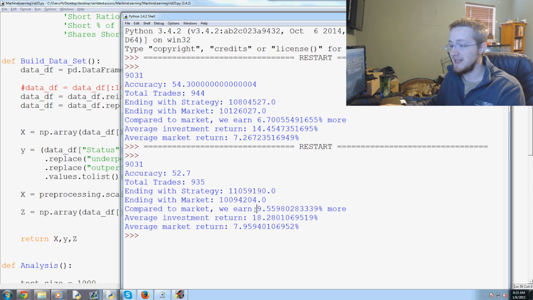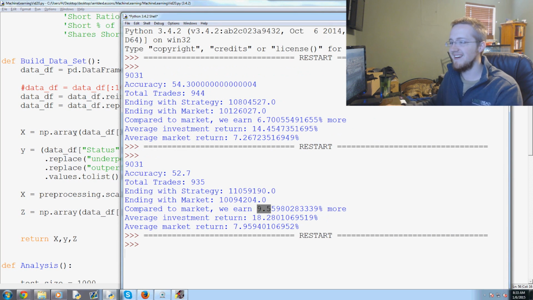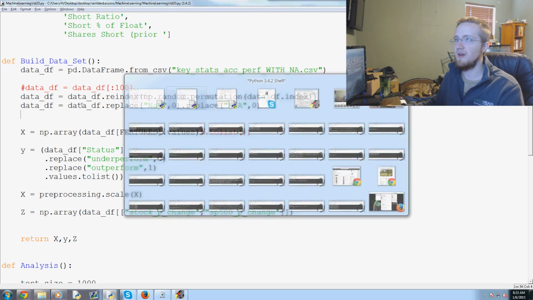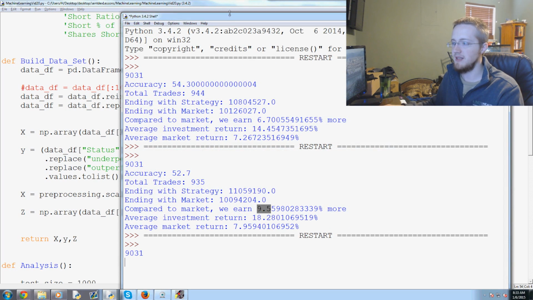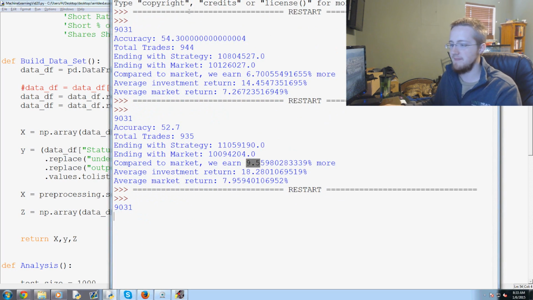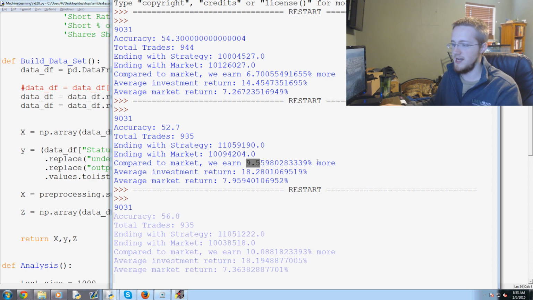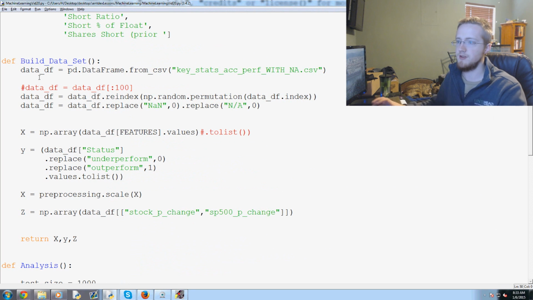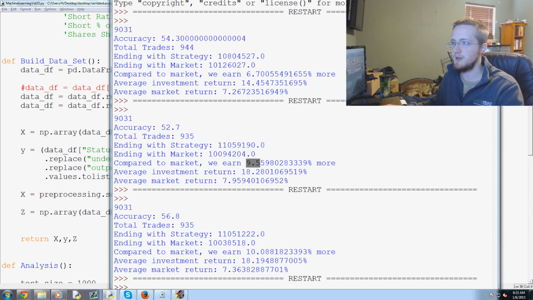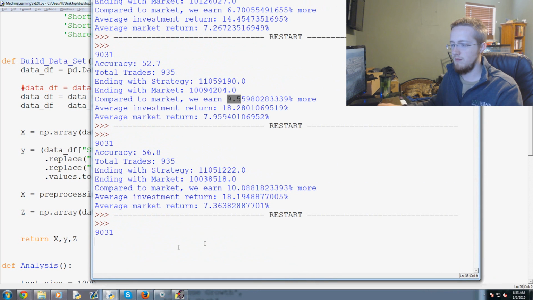Oh man, we killed the market now apparently. This is with our not available data, claiming the average market return is an 8 or 7.95, which I don't think is the case. It'd be interesting. Pretty sure the market on average over the last decade would be 12%. I have to look.